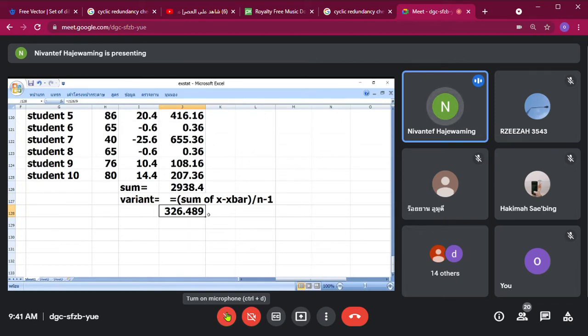This number is equal to 2938.4 divided by 9.